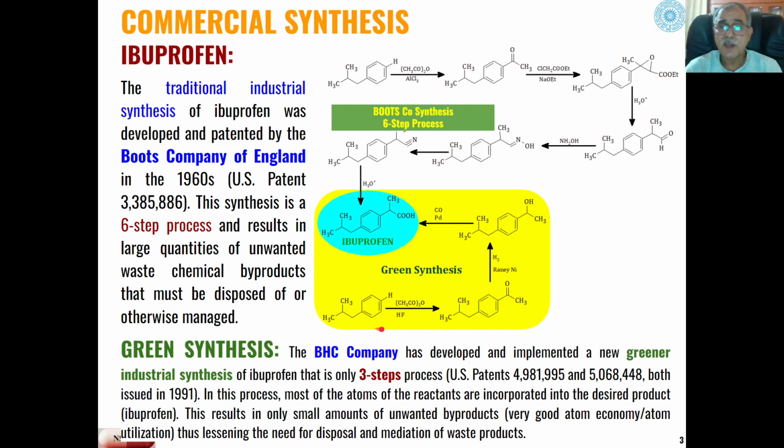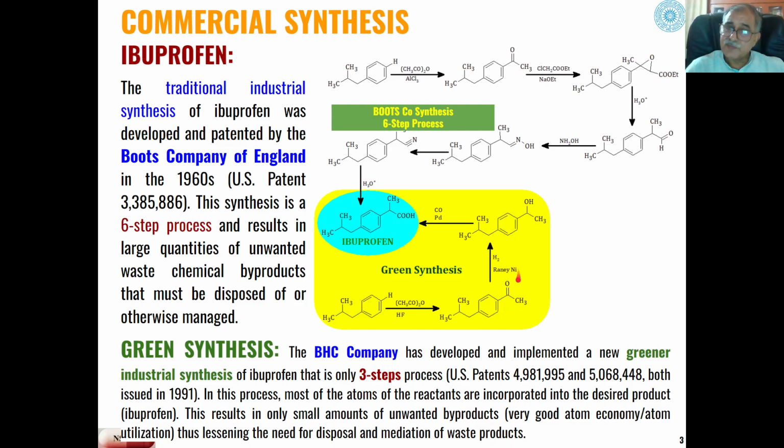Here the starting material is the same as in the traditional industrial synthesis, and in the same way acetylation is done with acetic anhydride, but instead of anhydrous aluminum chloride we are using HF as the catalyst. Then we get the same product as in the traditional industrial process.